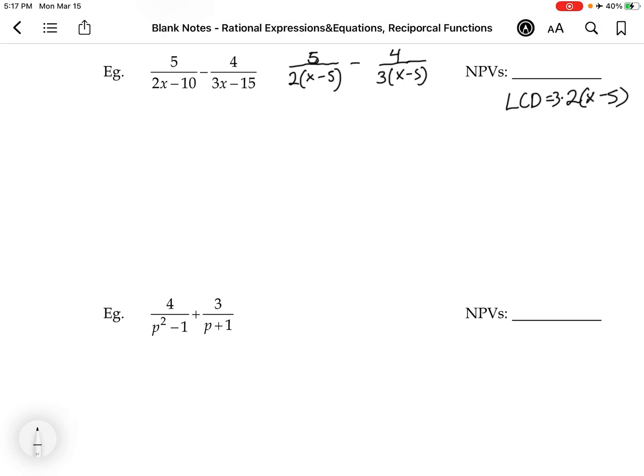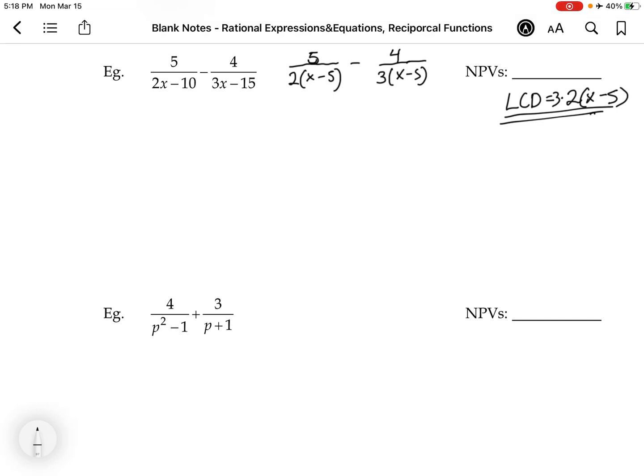And in fact, if you repeat factors that you don't need to repeat, you're going to make things much more complicated than they need to be. So this is your LCD. What you're going to have if you put in too many factors is a common denominator, but not a least common denominator.